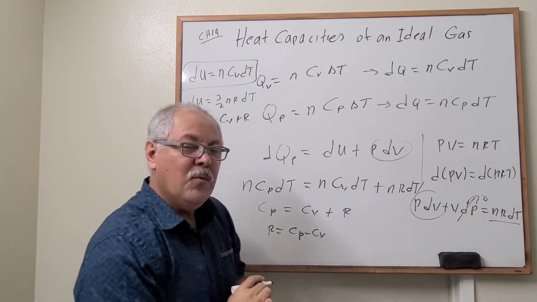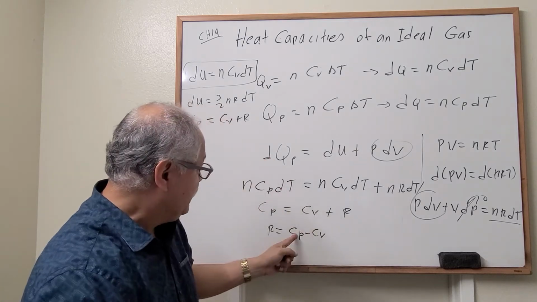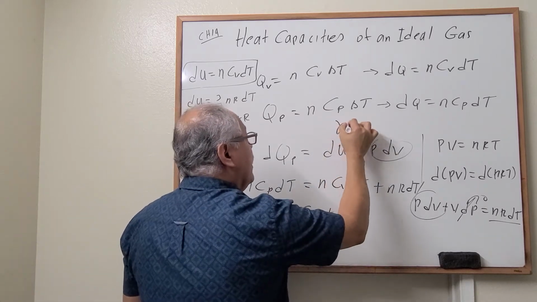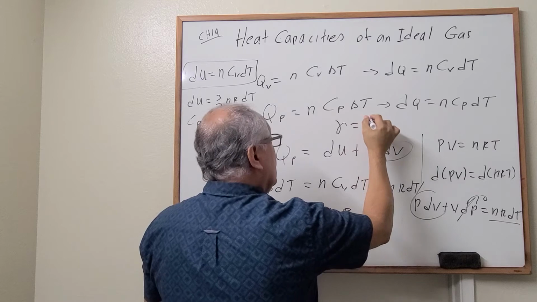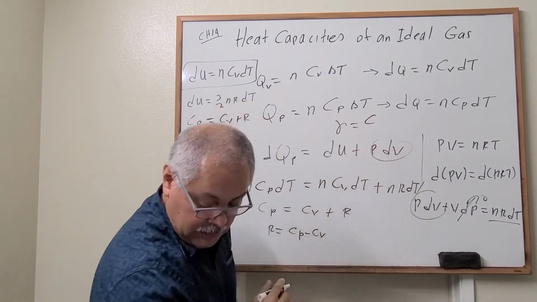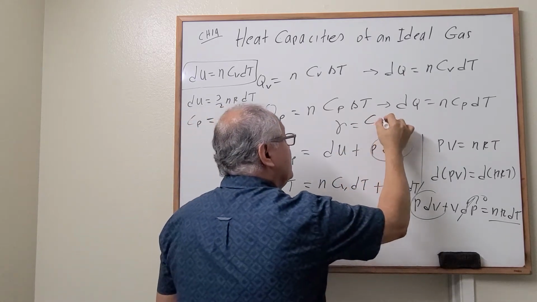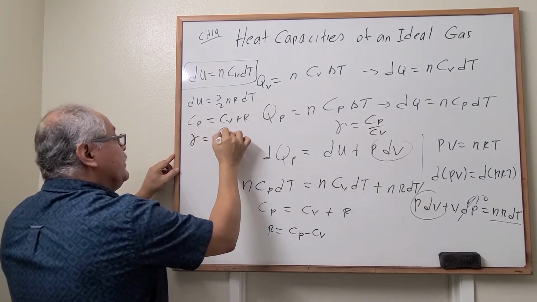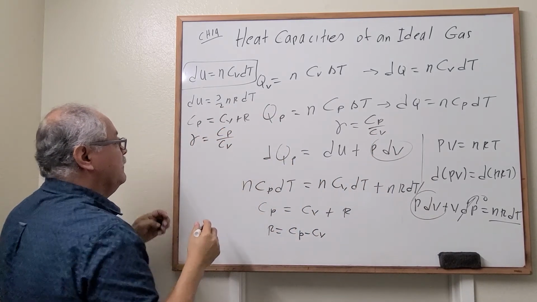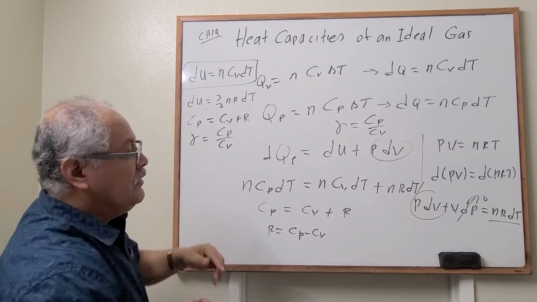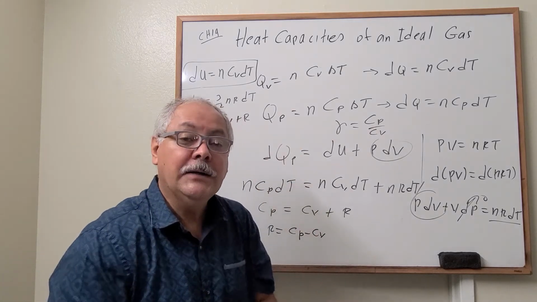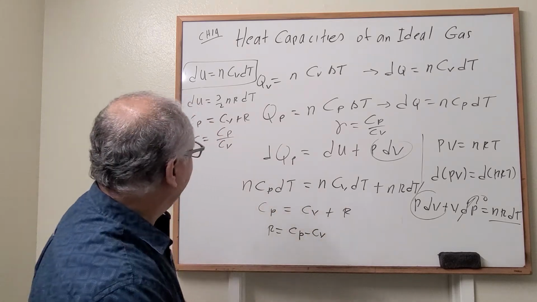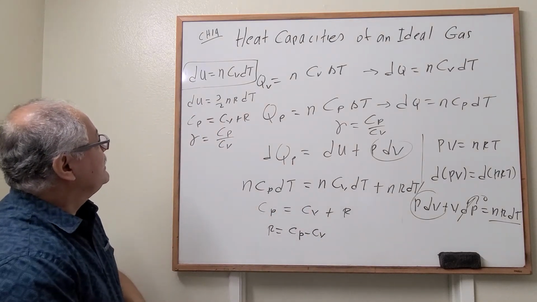We have one relationship between these two heat capacities, and we define gamma equal to Cp over Cv. Okay, that's a definition. Write this ratio, Cp over Cv. We use this one because it's used later in the next analysis. Perfect. Got it?